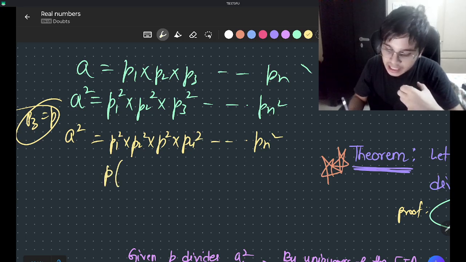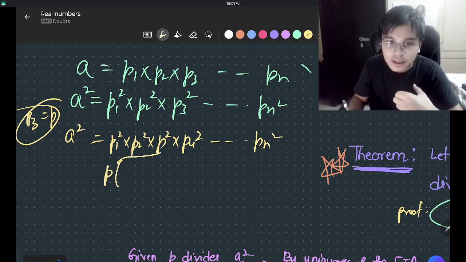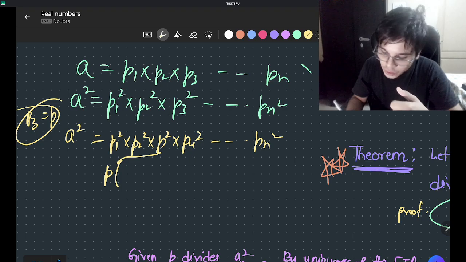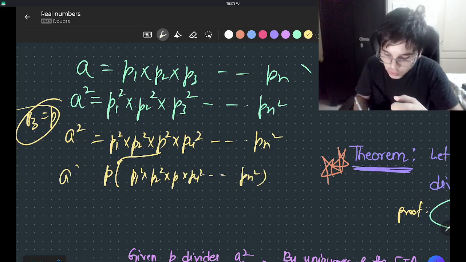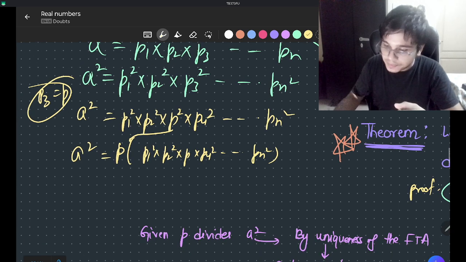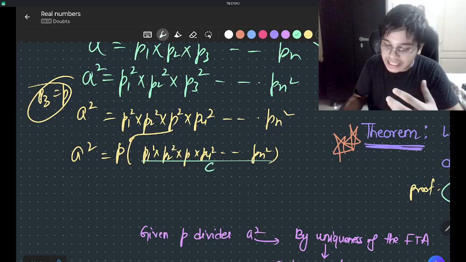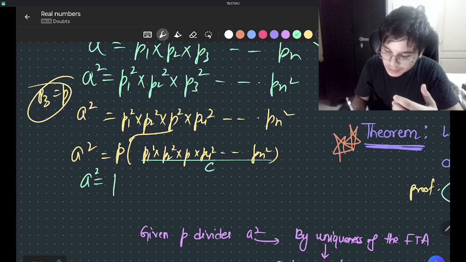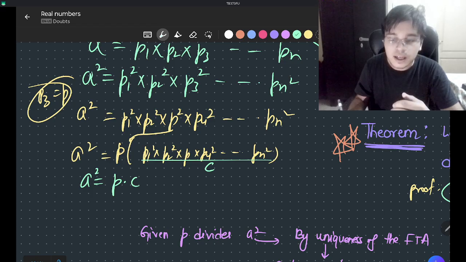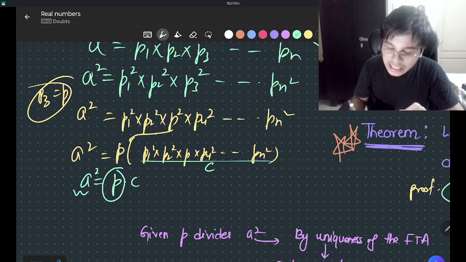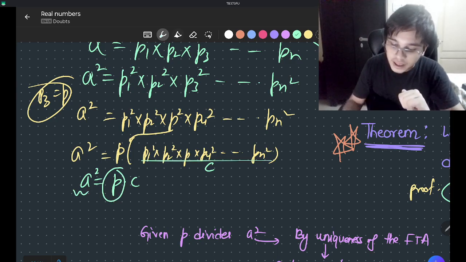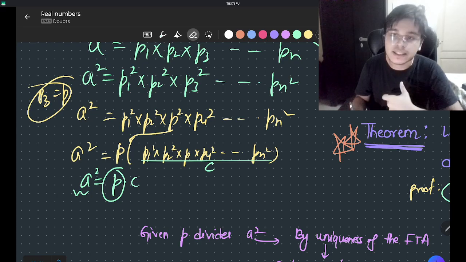I'll take one p common: p into p1 square into p2 square into p into p4 square, so on till pn square. If I call this entire product as a number c, then a square can be written as p into c. Which means what? In the multiplication table of p, definitely a square will come somewhere. Right? P into c is equal to a square.